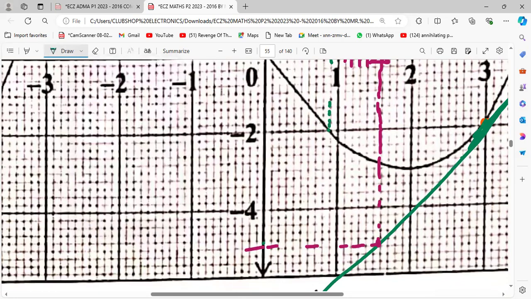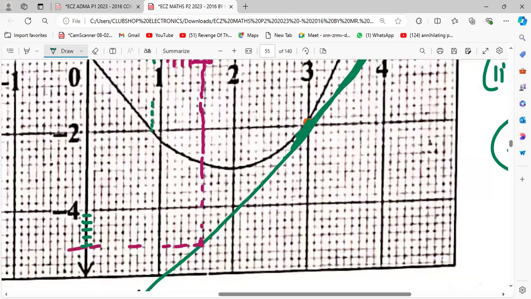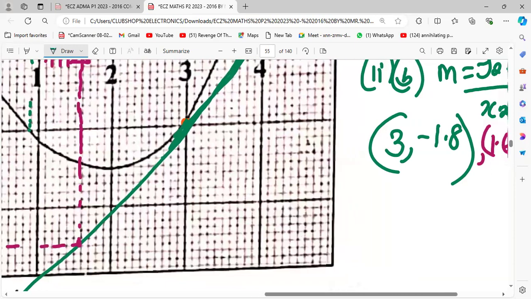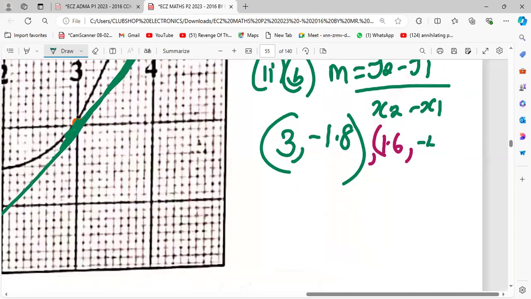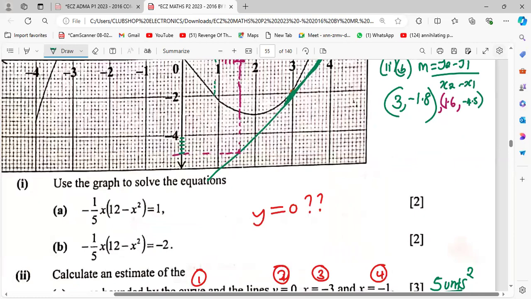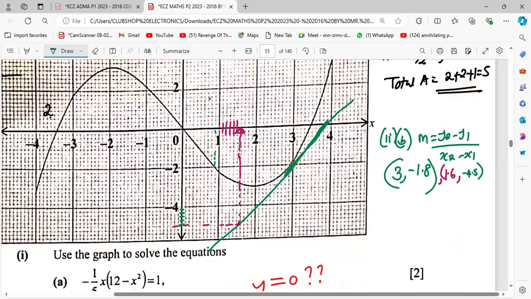Here, this is 1, 2, 3, 4, 5. I think negative 4.5. So I'll say negative 4.5. But when it comes to choosing the points, you are at liberty to pick any other point.